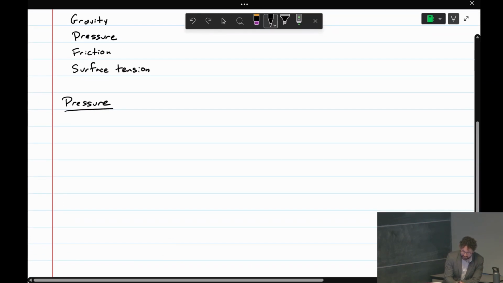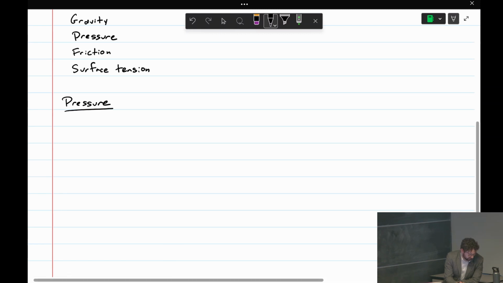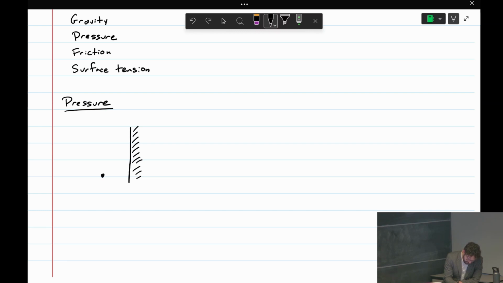So pressure produces a force that is normal to a surface. So on a molecular scale, say we have some wall here. On a molecular scale, we know that molecules are always moving. They're colliding with each other.